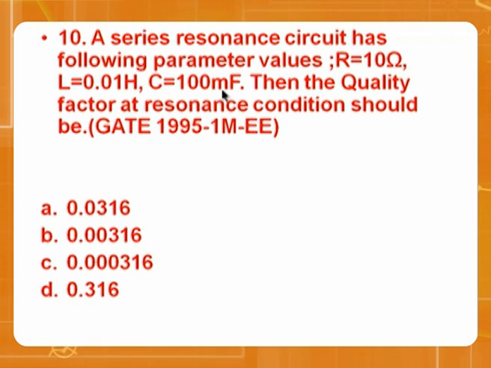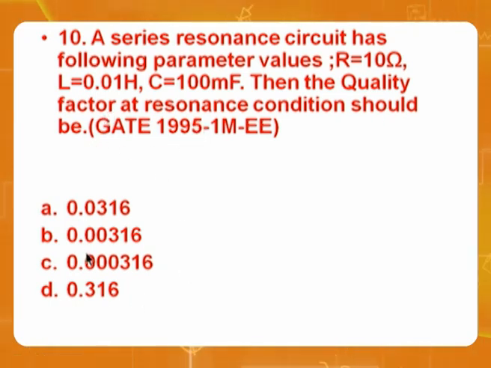Question number 10. A series resonant circuit has the following parameters. Resistance is 10 ohms, inductance is 0.01 henries, capacitance is 100 millifarads. Then the quality factor at resonance should be.